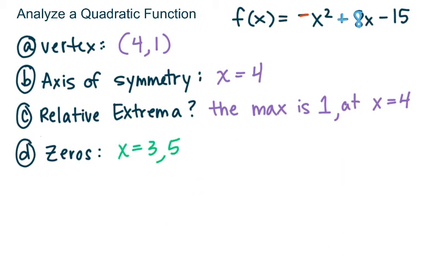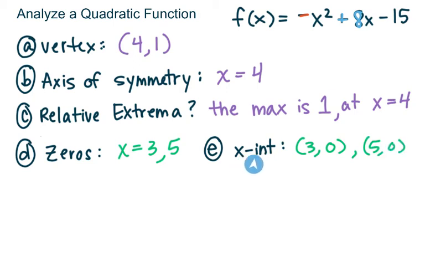So I list the zeros here saying x equals 3 or 5. If I was asked to state the x-intercepts, it's a little bit different, but the same as the zeros. We'll say (3, 0) and (5, 0).